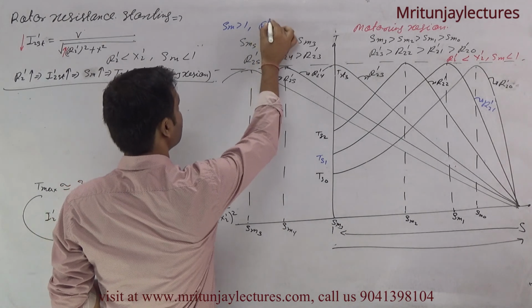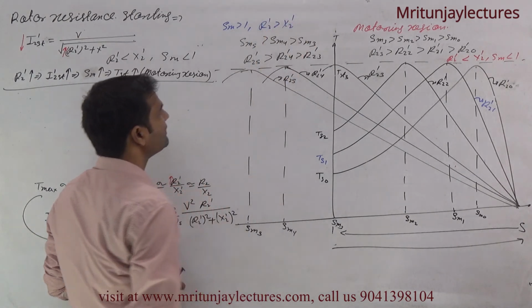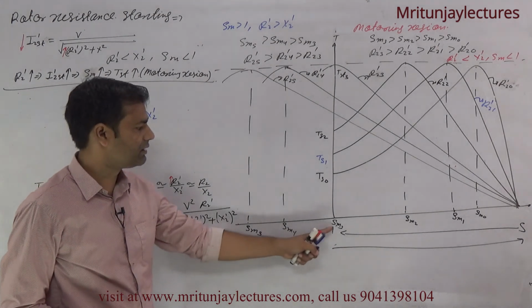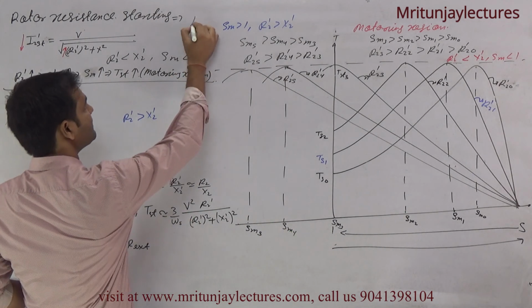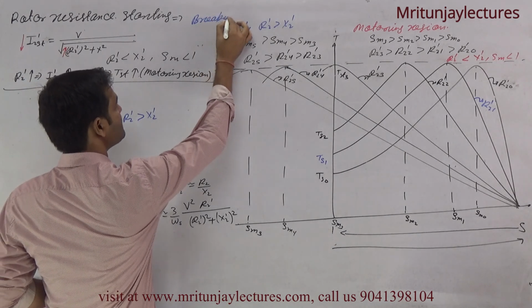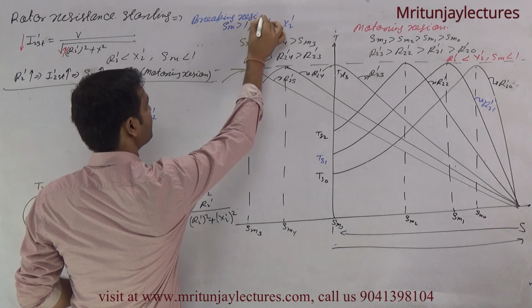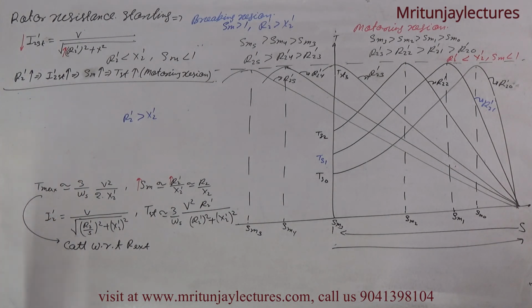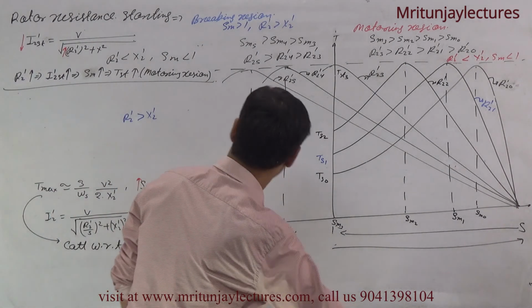And slip is greater than 1. This region is called the braking region. Clear? Okay.